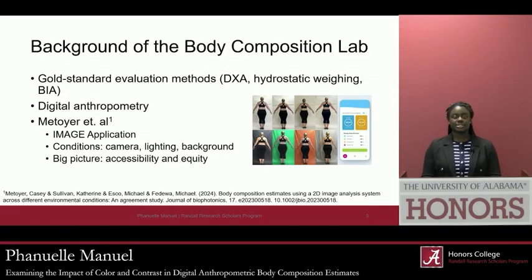And there are other methods that we could add to our data collection, such as the DEXA scan, which is very quick, but although it is quick, it does require radiation, which requires us to get state approval. And as we've already been through IRB submission by working with people, we'd have to go through that process again to do the digital anthropometry and also do the gold standard methods.